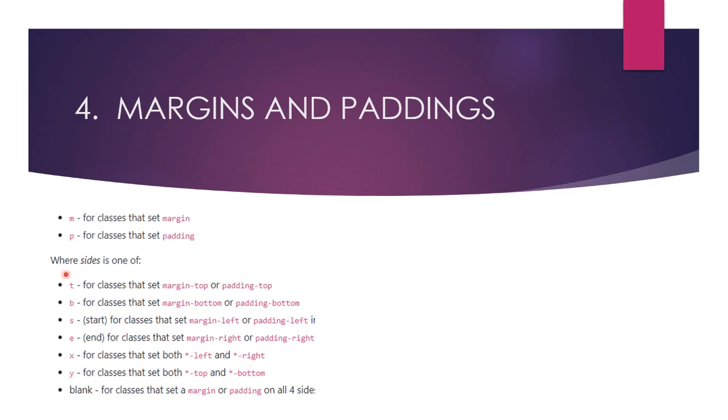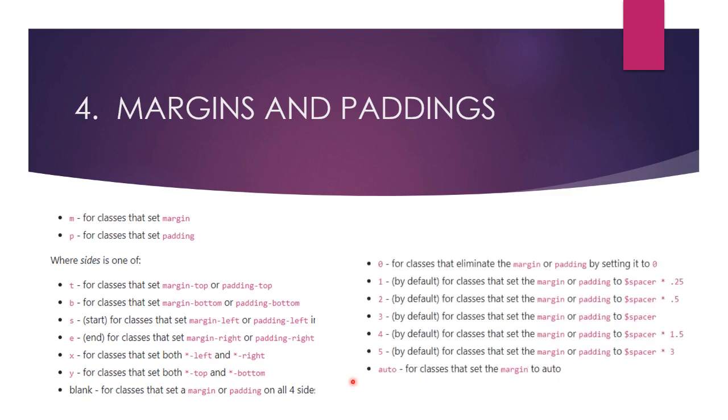Now, if you don't want to specify the direction, that is if you give it just a blank padding, it means that you want the padding to be all around the element, all right? One thing you need to know is this: the value that you can give these spacings can only range from 0 to 5.